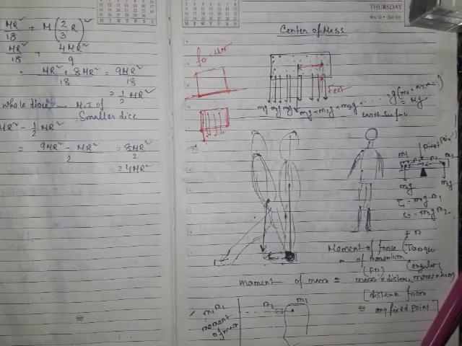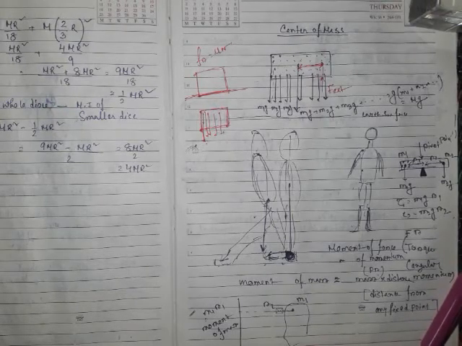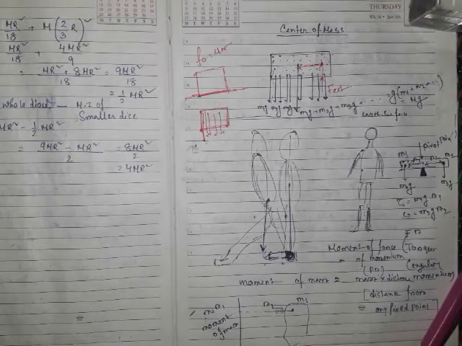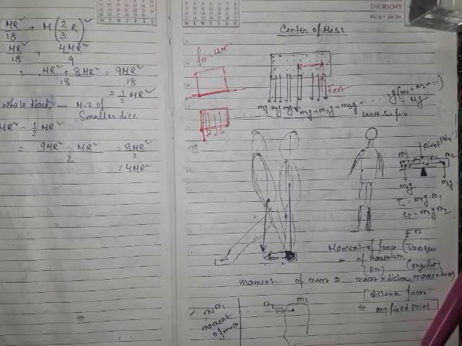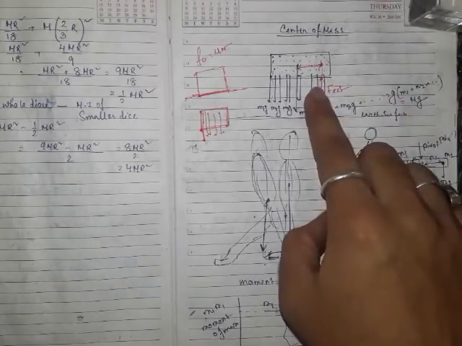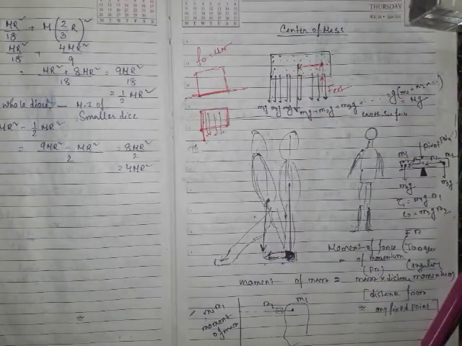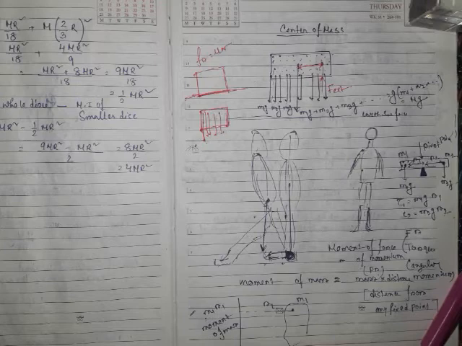So if you want to balance your object, that means you don't want any kind of rotation in your object, you have to put your external force on that point from where the total gravitational force is being applied. And if you don't do that, your object will start to rotate.